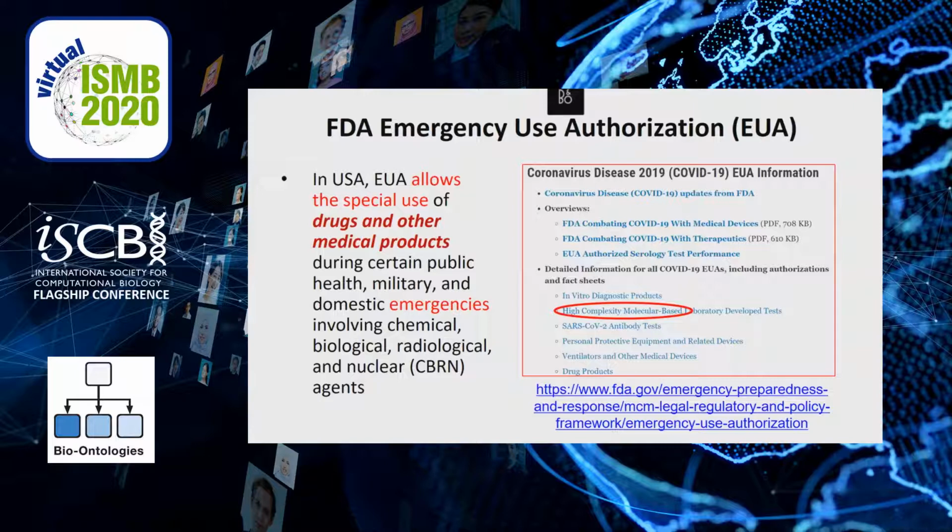In such emergencies, FDA can issue an Emergency Use Authorization, or EUA, to provide more timely access to drugs, devices, diagnostic tests, or other critical medical products that may help when there are no adequate, approved, and available options.